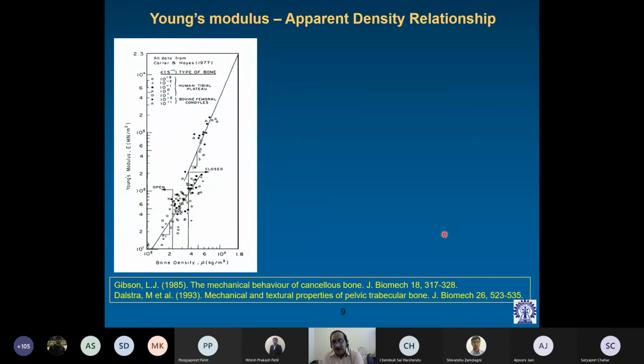Now, as I told you, the next very important contribution towards characterizing mechanical behavior of cancellous bone came from L.J. Gibson. She is a civil engineer now working as professor at MIT. She came up with a more detailed explanation of these relationships.